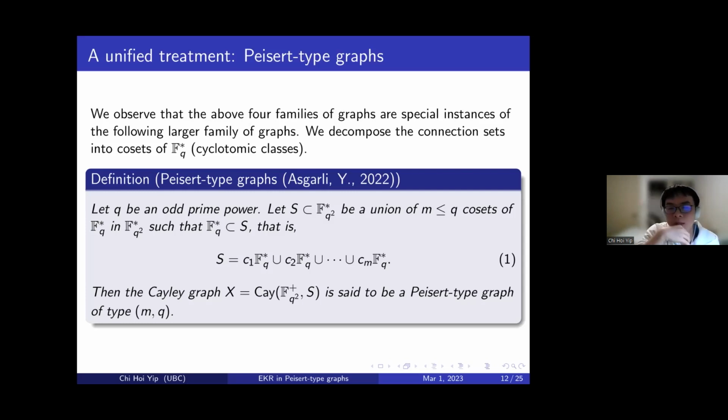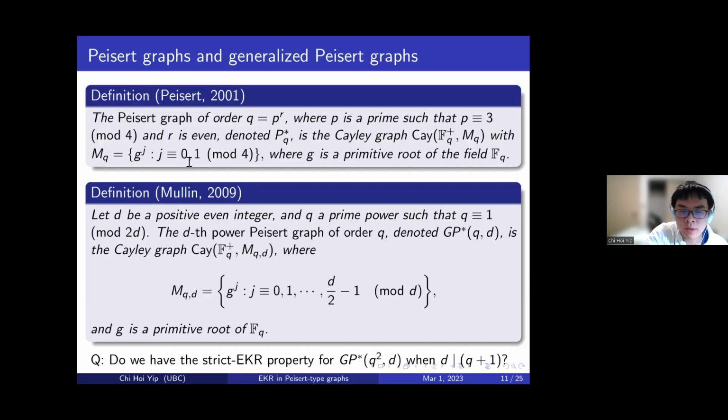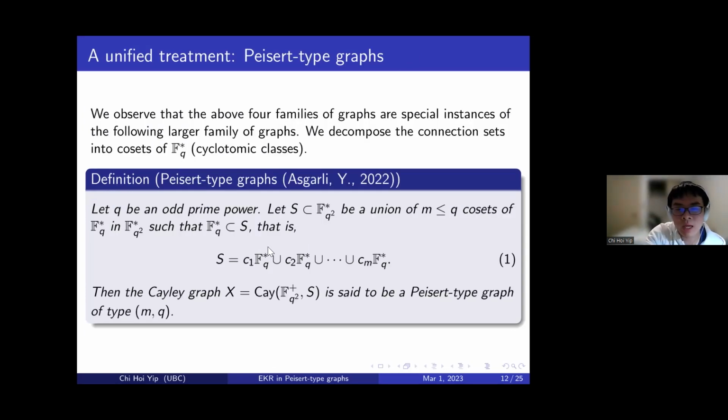The reason we call this a Peisert type graph is that this decomposition essentially comes from the Peisert graph decomposition, because there we have 2 residual classes, but here we further decompose the connection set into the minimal blocks, and the minimal block is an F_q-star coset.